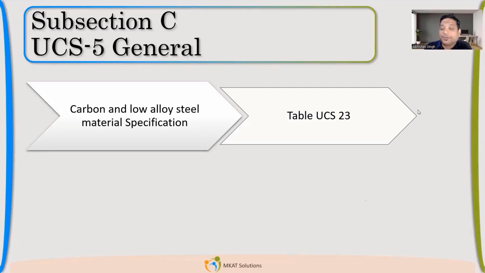So better than that, if you can find whatever is there in UCS 23, you have to use that. Otherwise, it will become a completely different study. You have to compare each and every clause of that specification, and for the relevant clause of the material which you have taken, it must be some other standard, right? So for each and everything, you have to find the conformance.